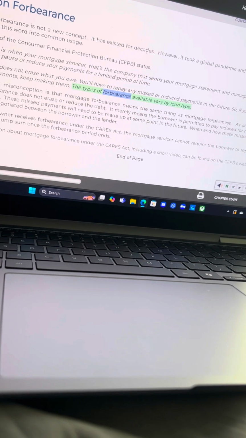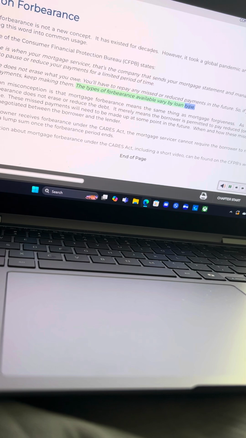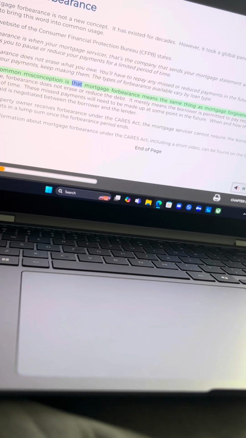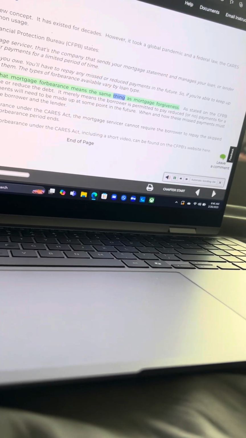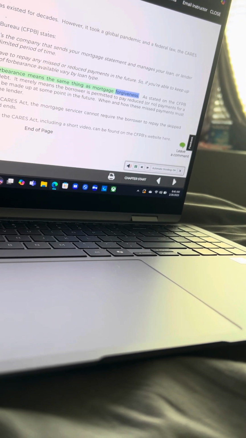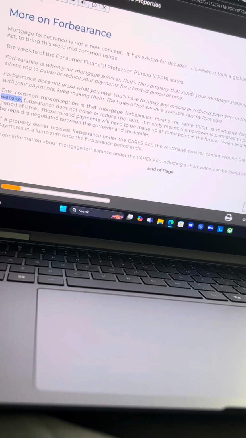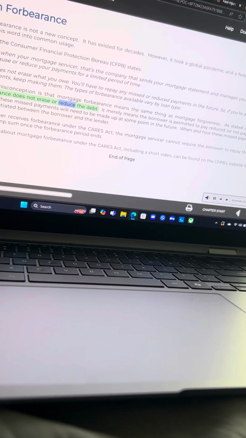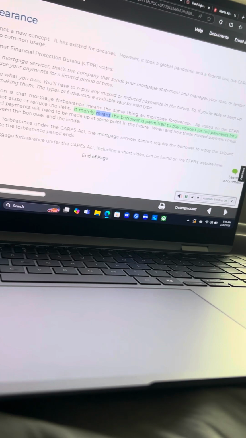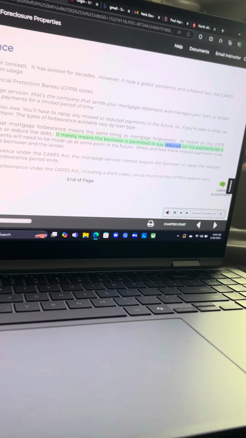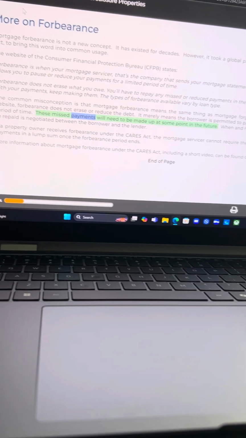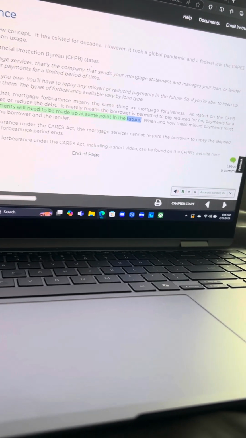The types of forbearance available vary by loan type. One common misconception is that mortgage forbearance means the same thing as mortgage forgiveness. As stated on the CFPB website, forbearance does not erase or reduce the debt. It merely means the borrower is permitted to pay reduced, or no, payments for a period of time. These missed payments will need to be made up at some point in the future.